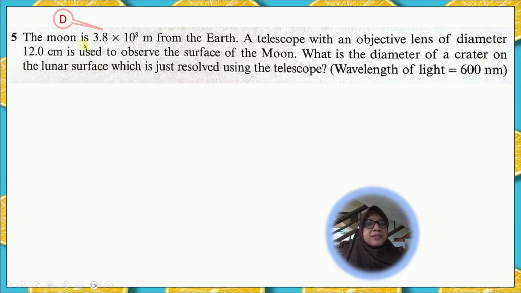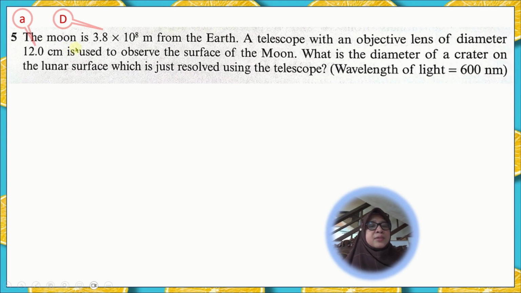So the distance Earth to Moon is 3.8 times 10 to the power of 8. A telescope with an objective lens of diameter 12.0 centimeter, that is A, analogous to the diffraction of a single slit.